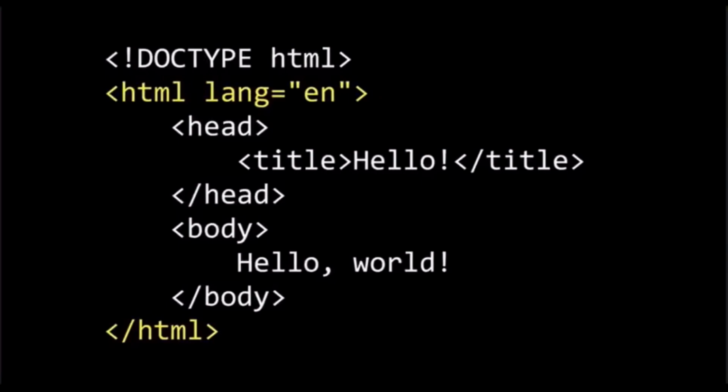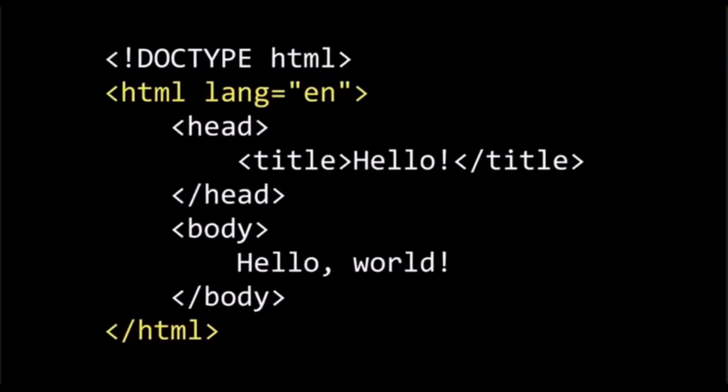Most of the HTML tags we are going to explore later in this video can contain attributes. So in this case, html lang en is telling the browser that we are using English to write this document.